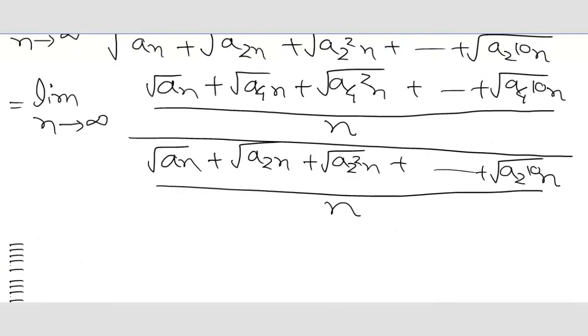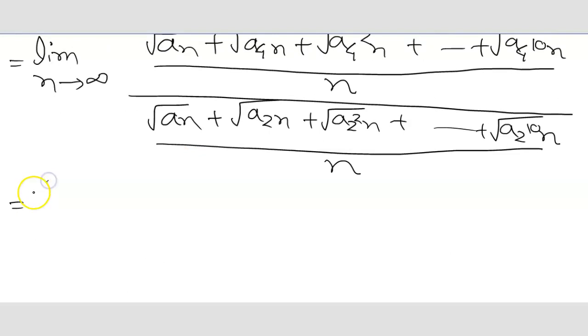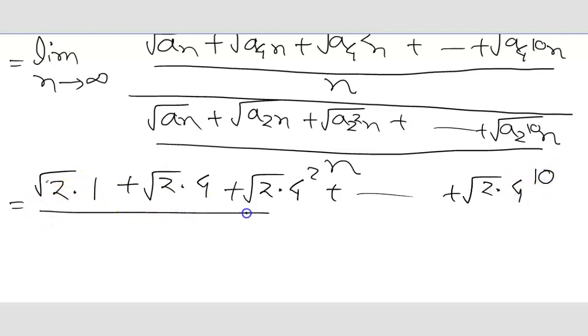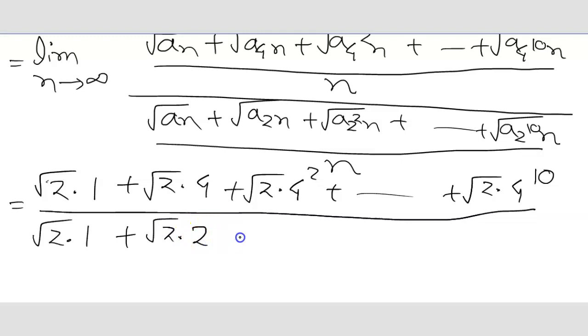See, the value is root 2k, so if you apply the value, root 2 into 1, as the value of k is 1, in this case root 2 into 4, as the value is 4, and with similar arguments we will proceed like this, up to 4 to the power 10. And similarly in here also, but here the value is 2, or in the power of 2.